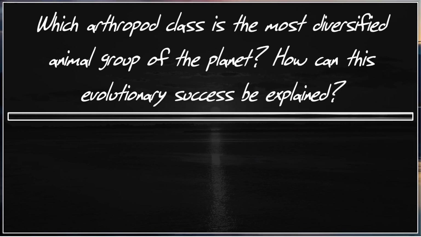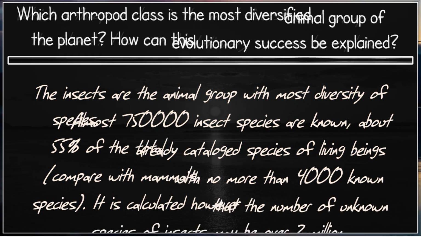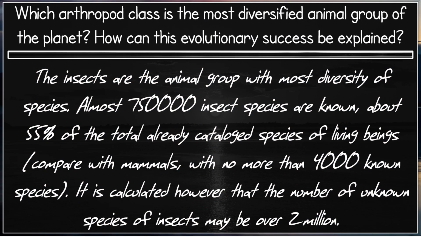Which arthropod class is the most diversified animal group of the planet? How can this evolutionary success be explained? The insects are the animal group with the most diverse species.